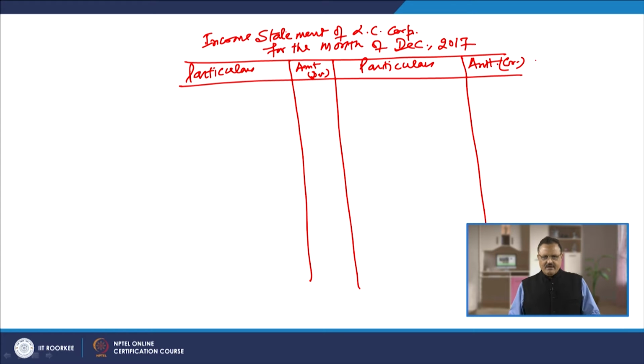Now, when we prepare the traditional income statement, we start from the upper part, which is called the trading account, because the income statement has two parts. Upper part is called the trading account, lower part is called the profit and loss account, right. In the trading account we take into account 5 items.